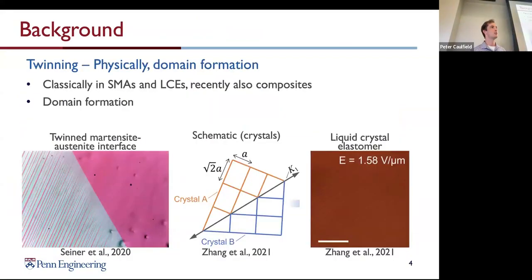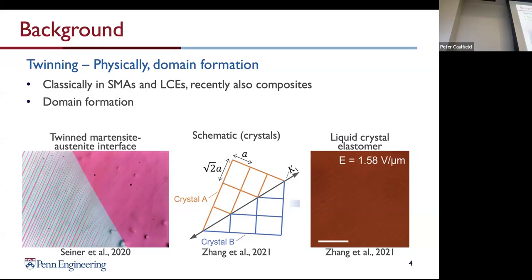Now let's talk about what twinning actually is, because that's not something that you normally see in this context of porous elastomers. The more classical places to see it, one is shape memory alloys, something that many of you maybe have seen it in. So this is just a picture, close-up at the interface between the austenite phase and the twinned martensite phase in one of these materials.